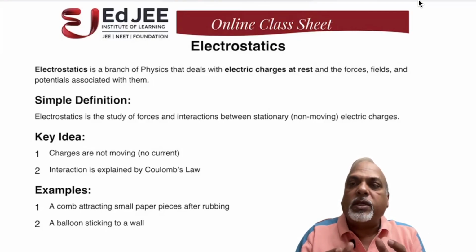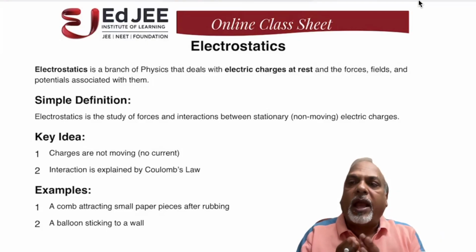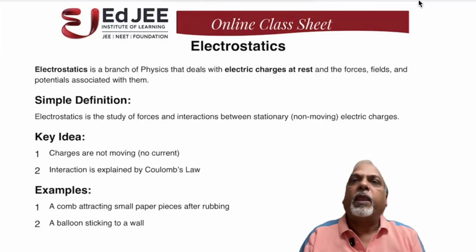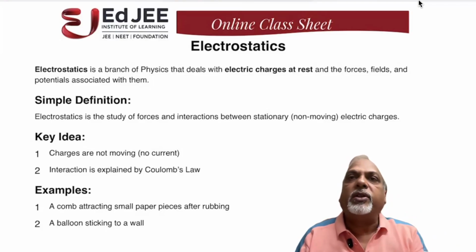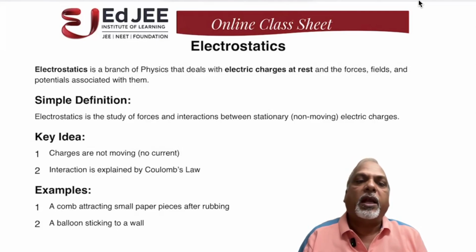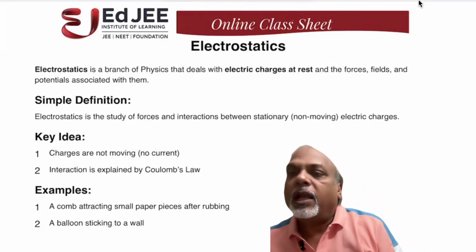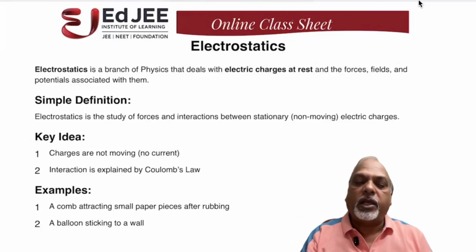Due to the stationary charges, there will be an electric field, and due to that there will be potential also. All these things we are going to deal with in this electrostatics chapter. Now, a simple definition is: electrostatics is the study of forces and interactions between stationary charges.